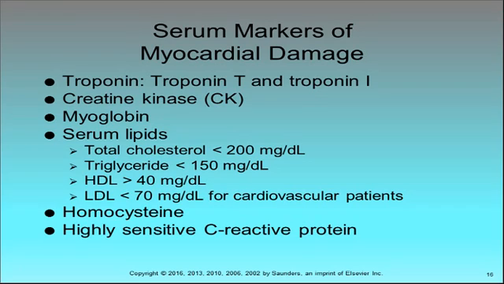Even people who run a lot and exercise a lot and have been overdoing it can have elevations in their creatinine kinase because they have muscle tissues that have had some injuries. But it can be an indication of heart tissue injury.